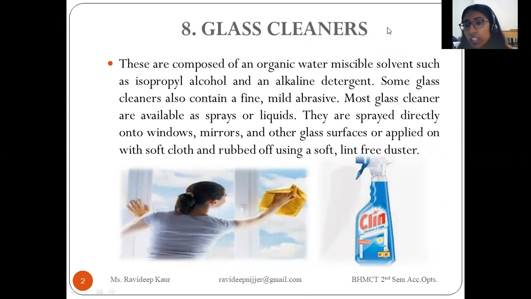Most glass cleaners are available as sprays or liquids. They are sprayed directly onto windows, mirrors, and other glass surfaces, or applied with a soft cloth and rubbed off using a soft lint-free duster.